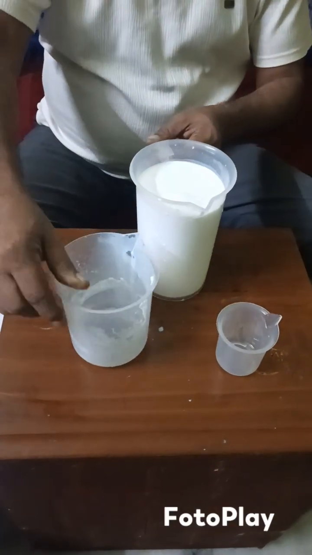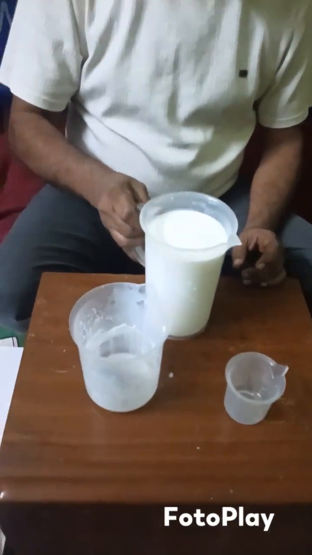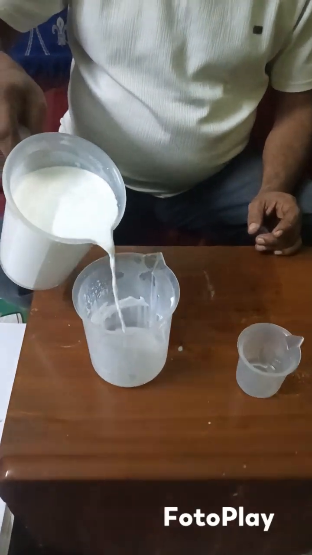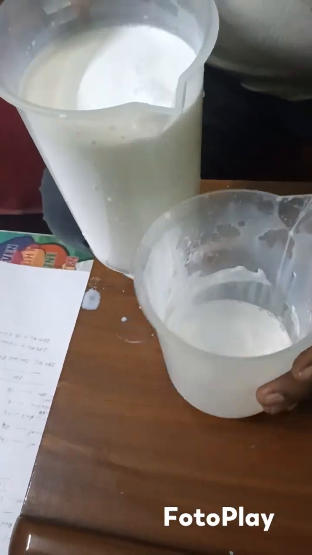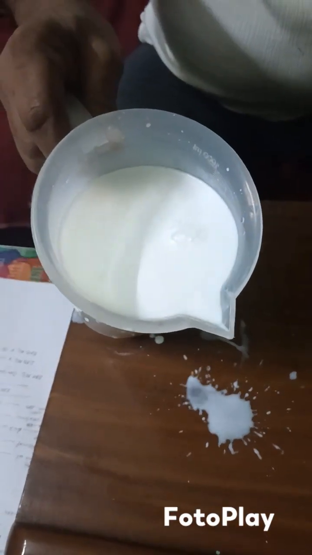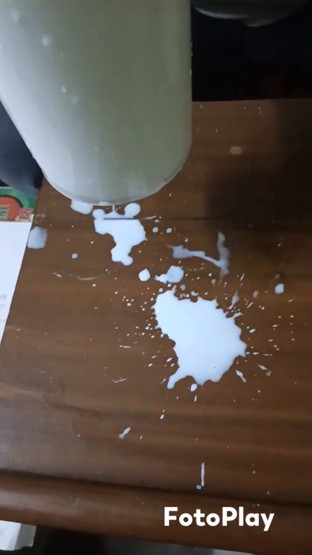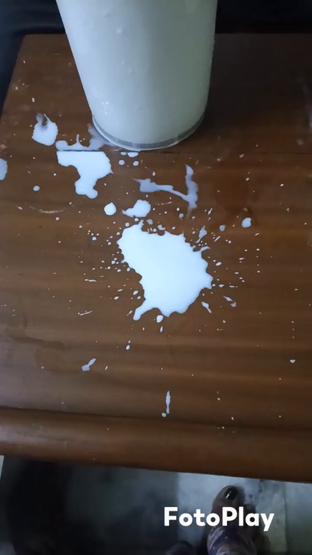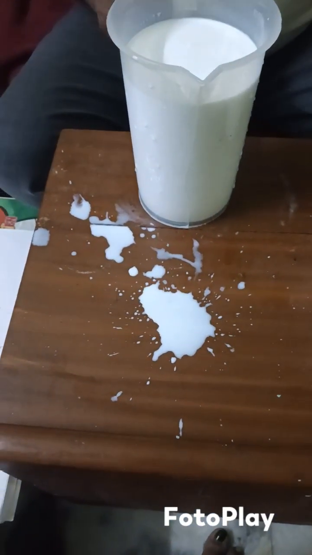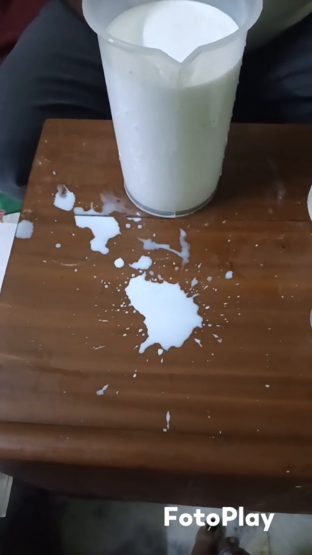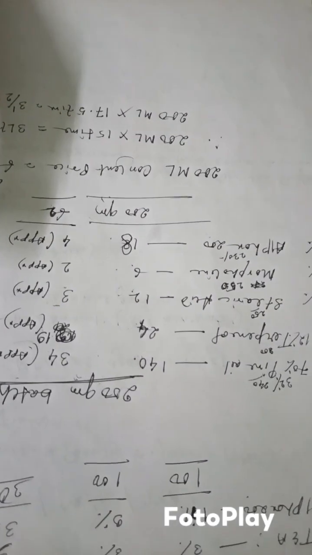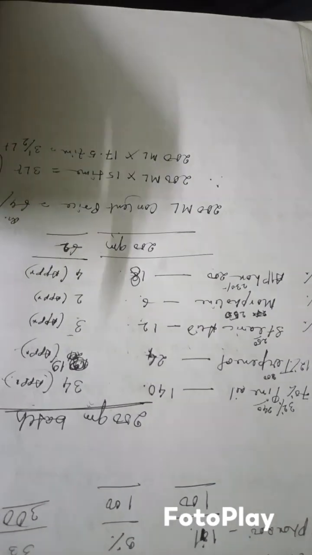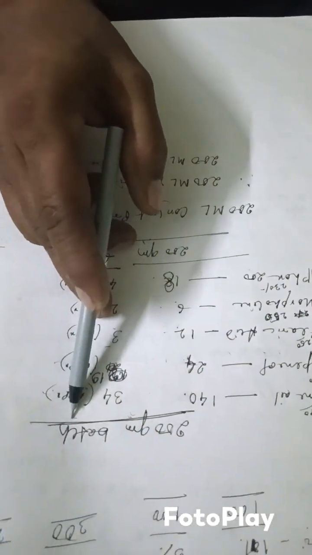One liter phenyl is ready, only 70 ml concentrate. More density, this composition. Note down this composition.